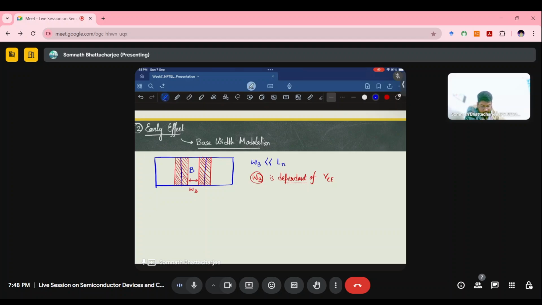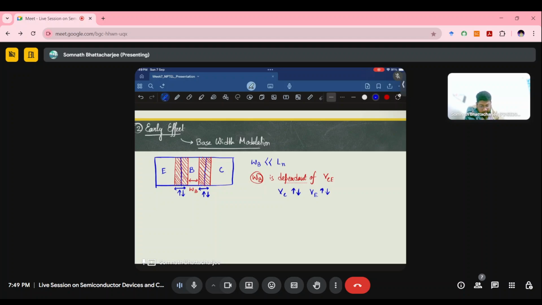Why is it dependent on VCE? If this is E and C, and we are changing the value of VC, the depletion width will either increase or decrease. So it is directly dependent on VC, and likewise if we are changing the value of VE, the value of this depletion width will either increase or decrease.